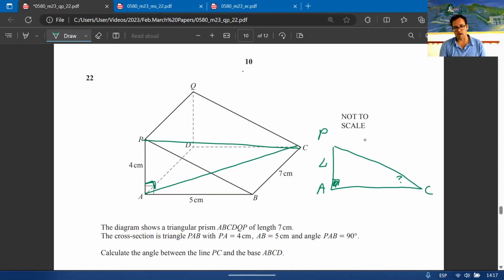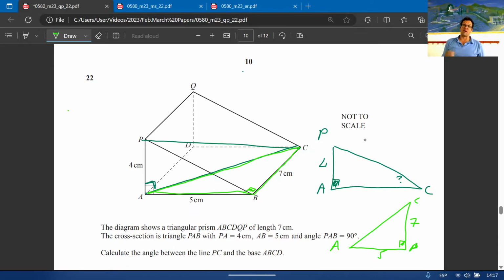What do we have? We've got another triangle, flat on the base, this one here. And there's another 90-degree angle there. We call that triangle ACB. In that triangle, we've got the 7 and the 5.